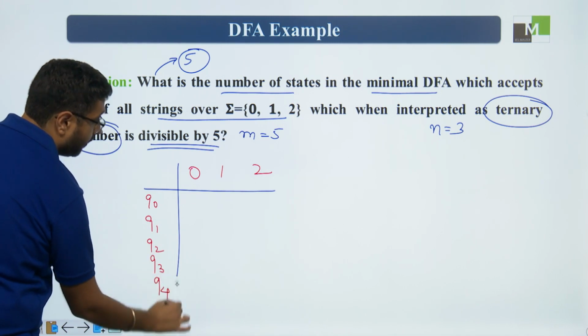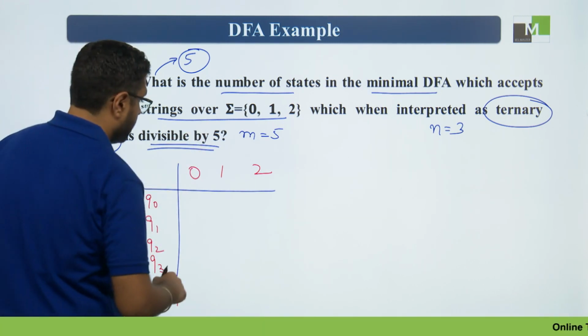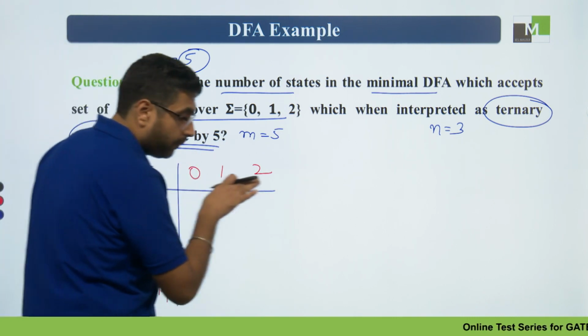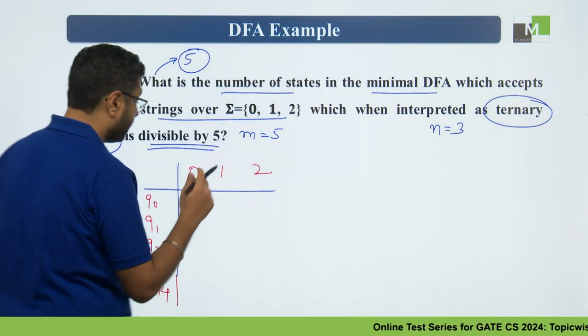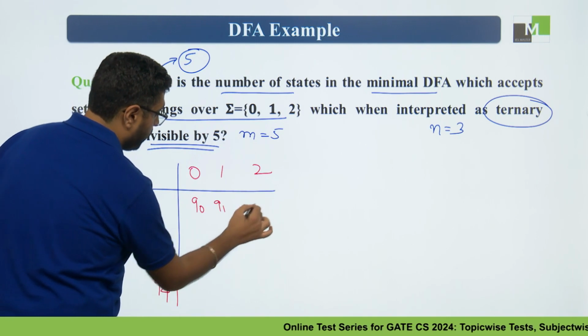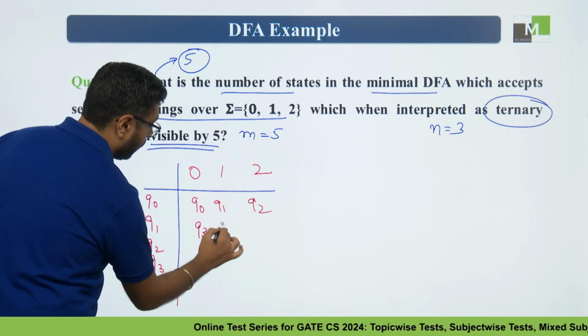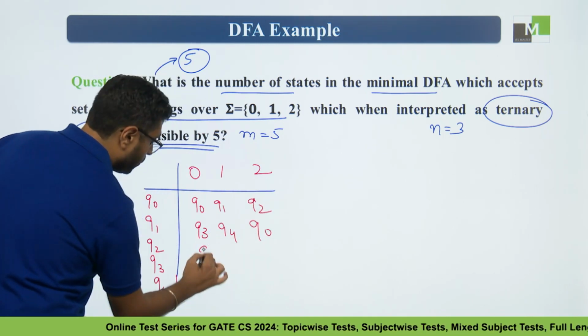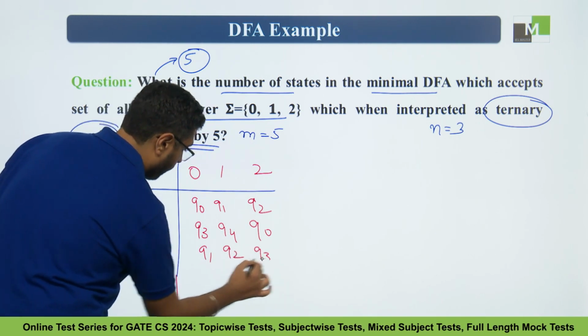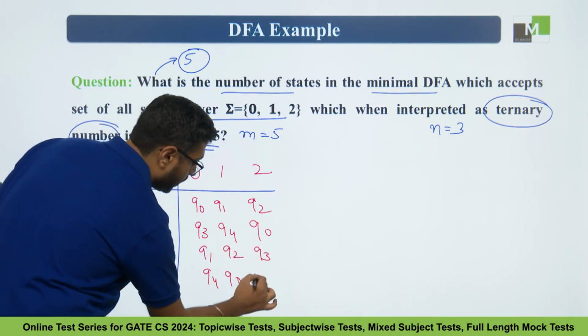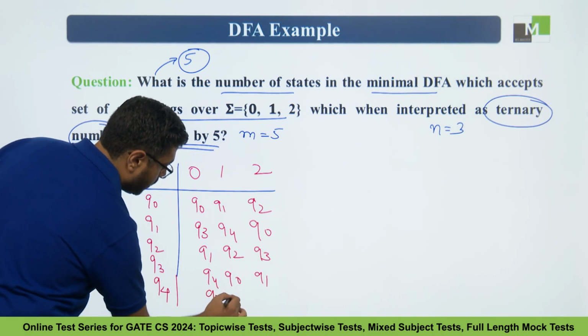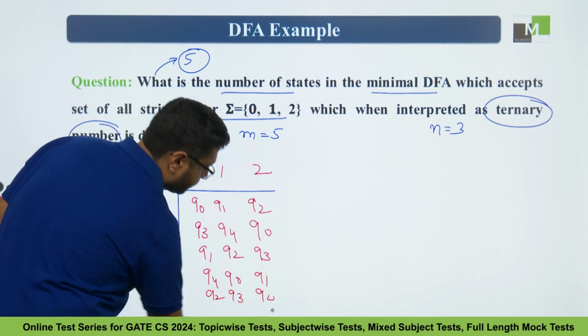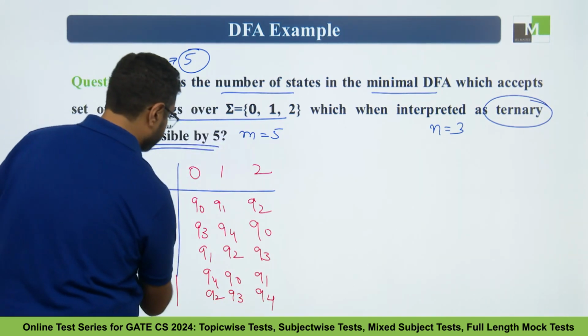How many remainders are there? 5 remainders. How will you fill it? Top to bottom, left to right in a cyclic manner. That is Q0, Q1, Q2, Q3, Q4, again Q0, Q1, Q2, Q3, Q4, again Q0, Q1, Q2, Q3 and Q4. That is how you can make it.